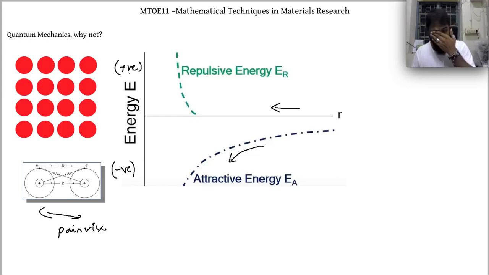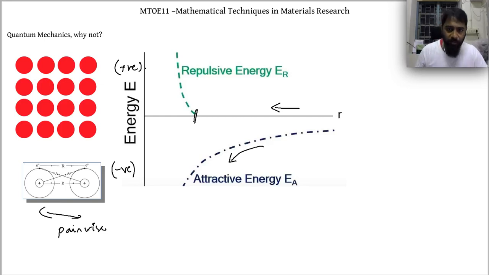I don't know why, it doesn't make sense. Attraction should always be positive, but nonetheless, attraction is treated as negative and repulsion is treated as positive. So as I bring my atoms together, for most of the distance the repulsive energy doesn't play any role. It was purely the attractive energy that keeps on increasing, that wants to get closer and closer.